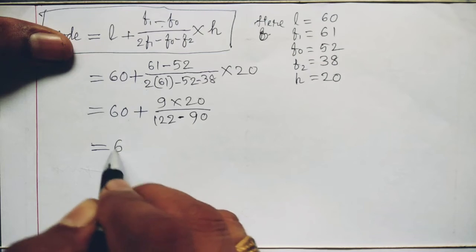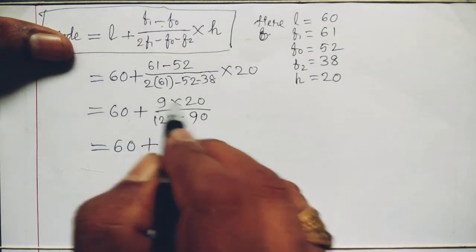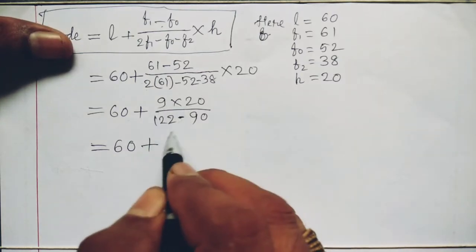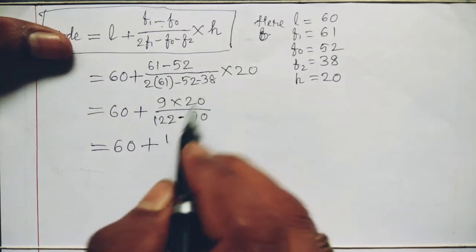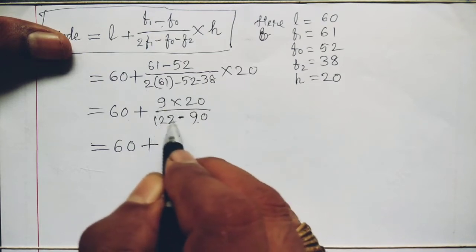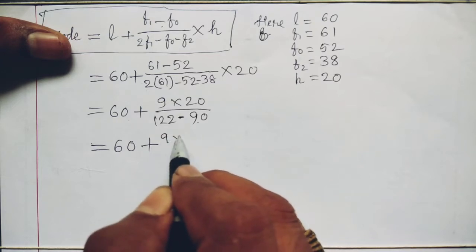That is equal to 60 plus 9 2s are 18. After subtracting we have to cancel, so there is no need of multiplying this.